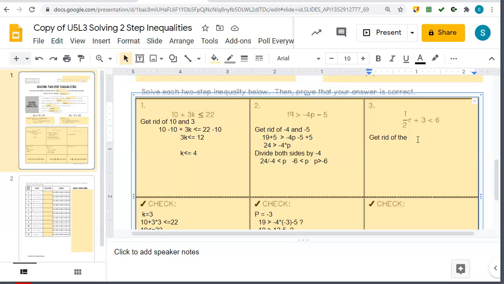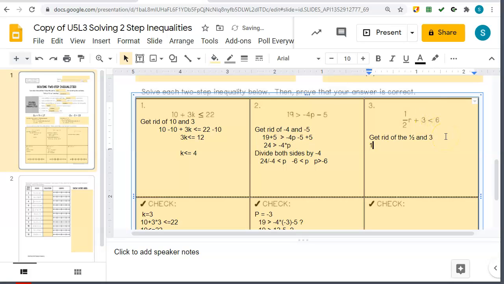Alright, so let's go through it. We're trying to get rid of the 1/2 and the 3. The 3 is the last operation, because if we gave you r, you would multiply by 1/2 and then add 3. So I want to try to get rid of that add 3.